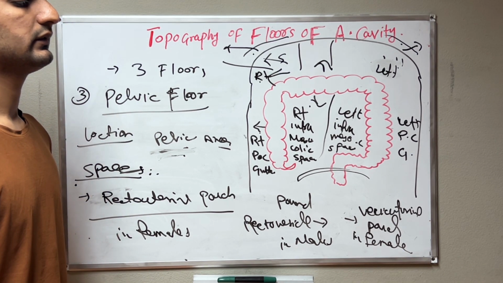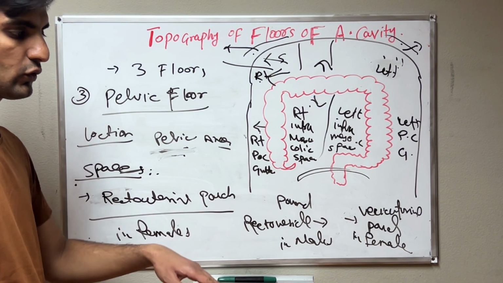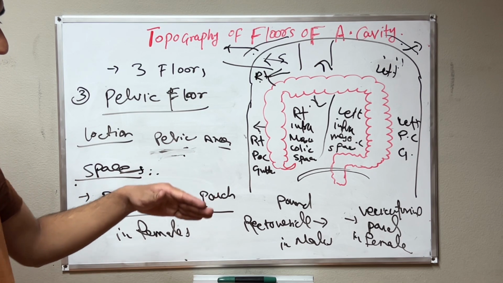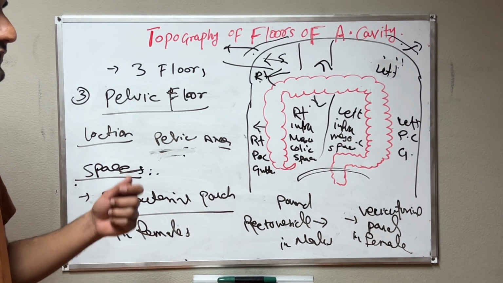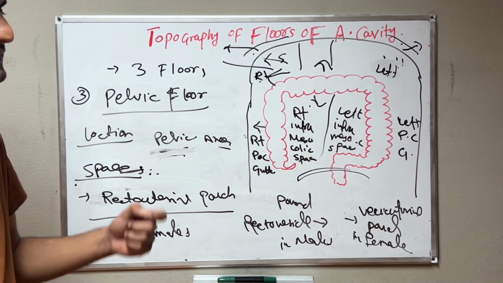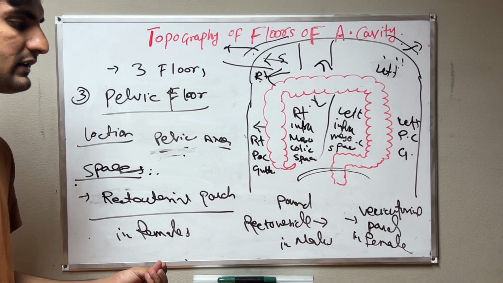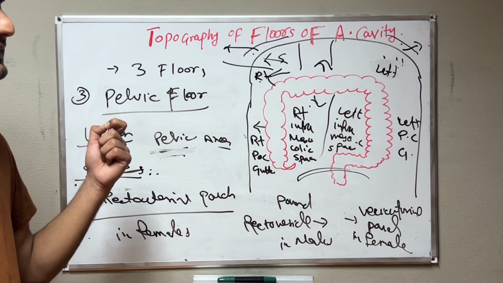Okay, then we have the inframesocolic floor, which is located below the transverse colon and above the pelvic rim. There we have contents, meaning organs. Which organs? We have small intestine, duodenum, jejunum, the mesenteric part of small intestine, which starts from the root of mesentery. Then we have ascending and descending colon of large intestine.